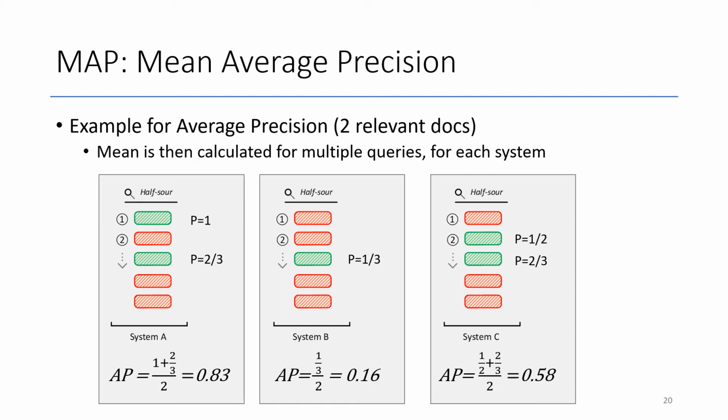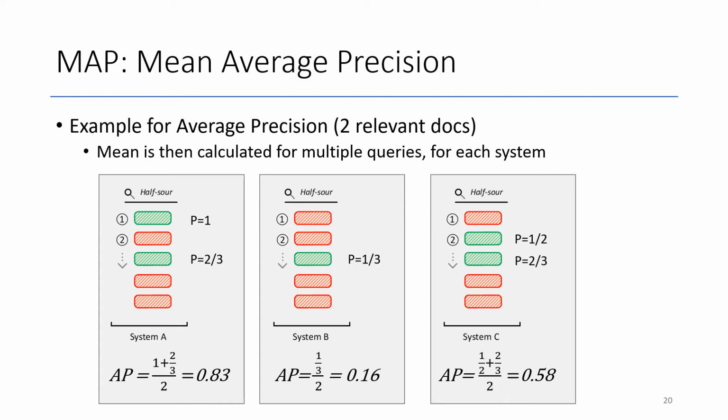In the second example, we only have one relevant document, and this is at the third position, so we can kind of guess that the score will be pretty low here, which it is. So we just take this 1/3 divided by 2 because we have 2 relevant documents overall, but the second one has not been retrieved by system B, which gives us a pretty bad score of 0.16.